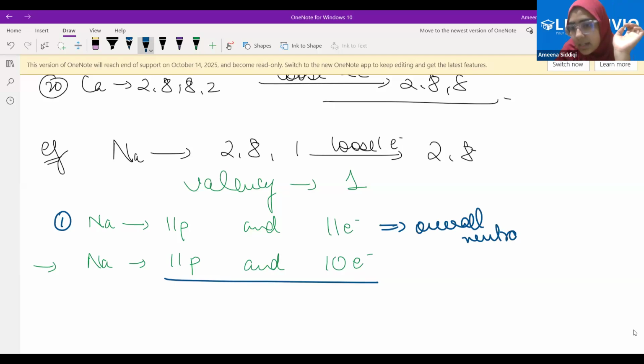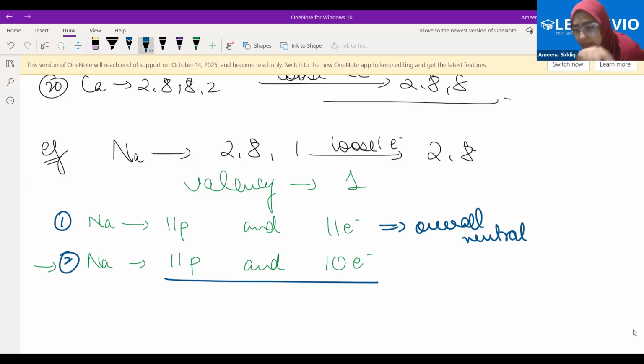Everyone agrees? Fine. Come to the second case. In the second case, the sodium atom has 11 protons, but it has 10 electrons. Why does it have 10 electrons? Because it lost one electron to gain stability, right? Now it has 10 electrons. So these 10 electrons will be able to neutralize the effect of 10 protons, right?